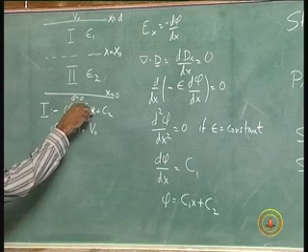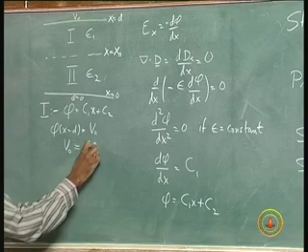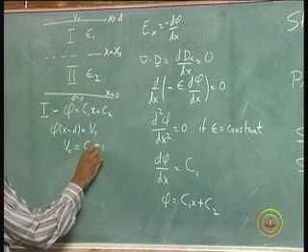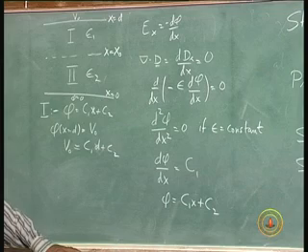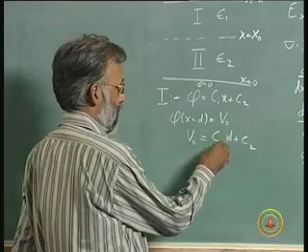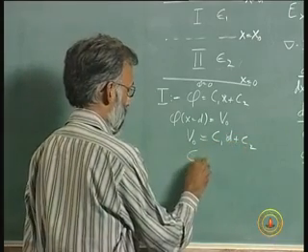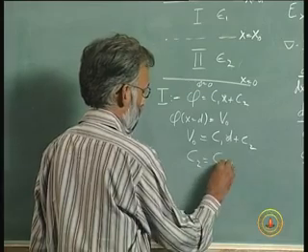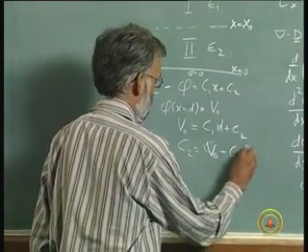So, if I substitute d in here, I should get V naught. V naught is equal to C1d plus C2. This allows me to connect up C1 and C2. For example, I can say C2 is equal to V naught minus C1d.